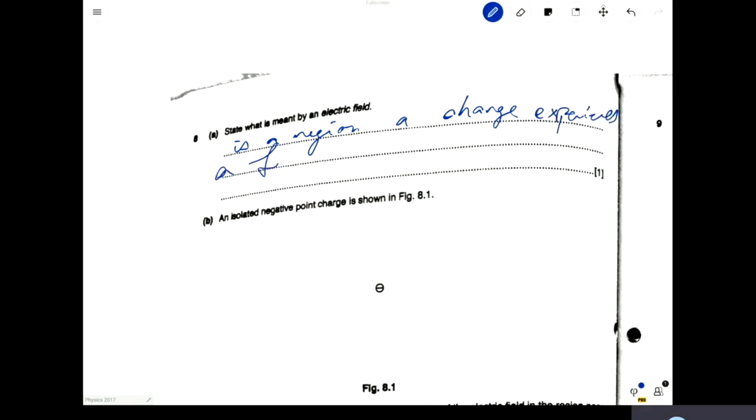Okay, isolated negative point. So this is minus. Minus means all go inside. Okay, so arrow in.